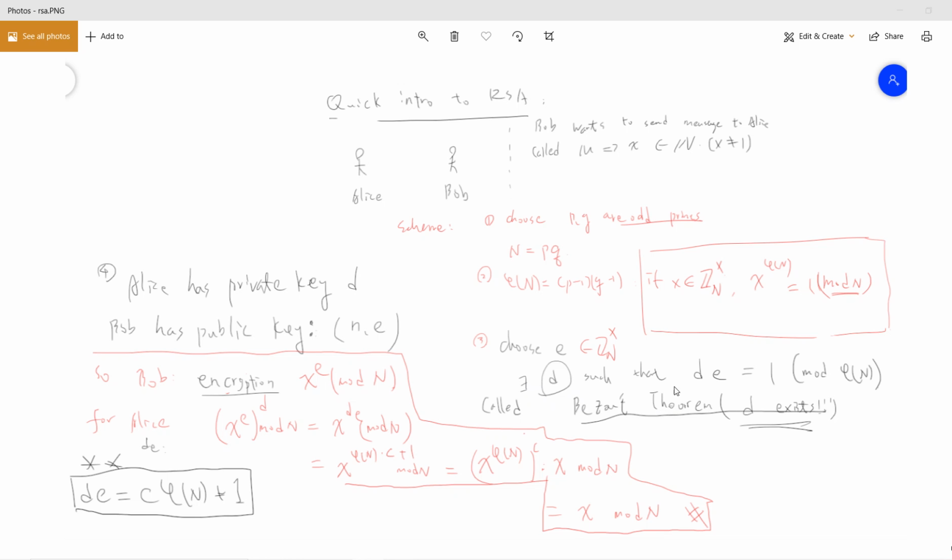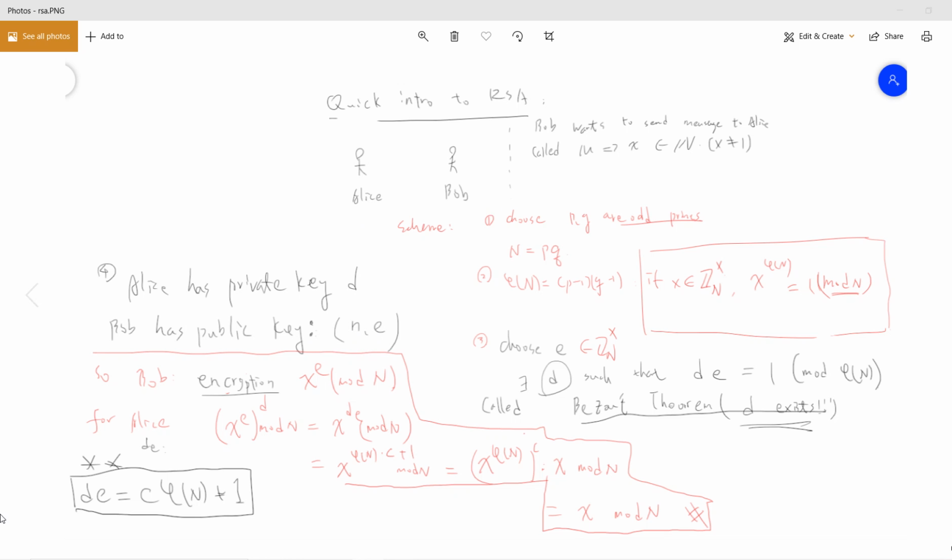There is a d, an integer such that de mod phi of n is 1, right? This d is called the private key. So now we have numbers like d, e, phi of n, and pq. Alice has the private key d, and Bob has the public key n, e.